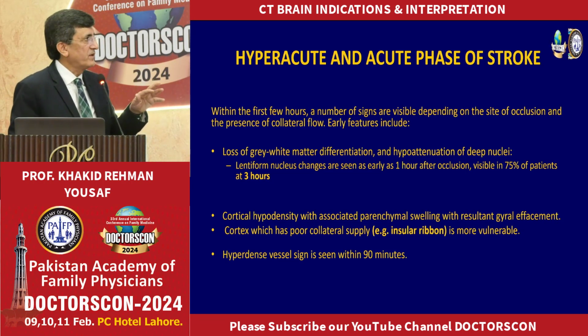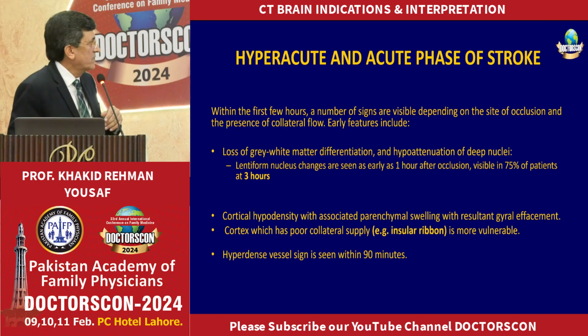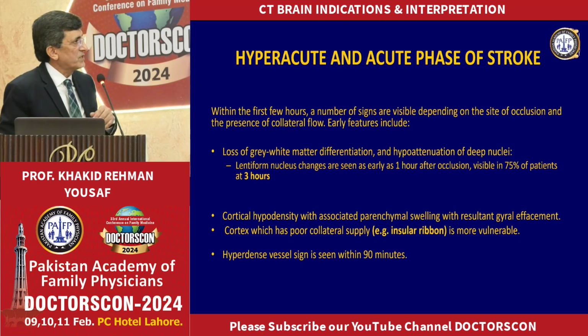Cortical hypodensity associated with swelling of sulci and gyri. I told you about the cytotoxic edema, and there is a hyperdense vessel sign within 90 minutes. This is important. I'll just show what is a hyperdense sign in the middle cerebral artery.